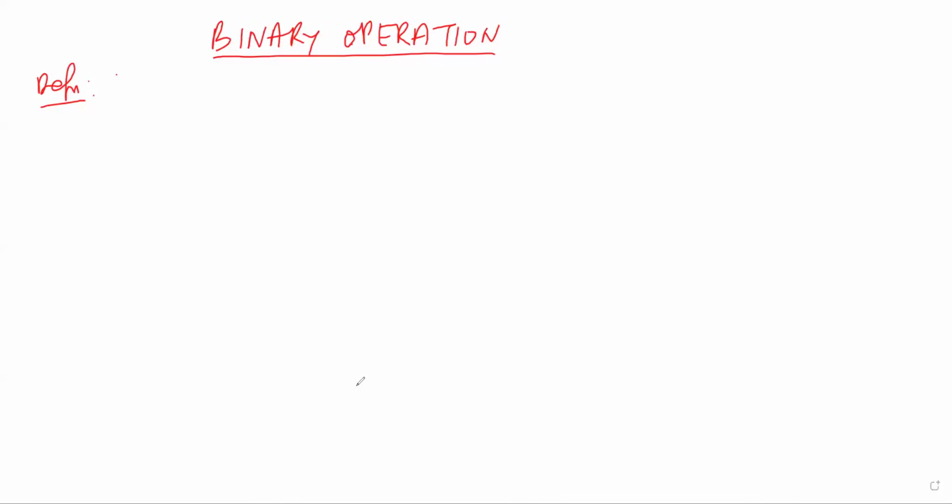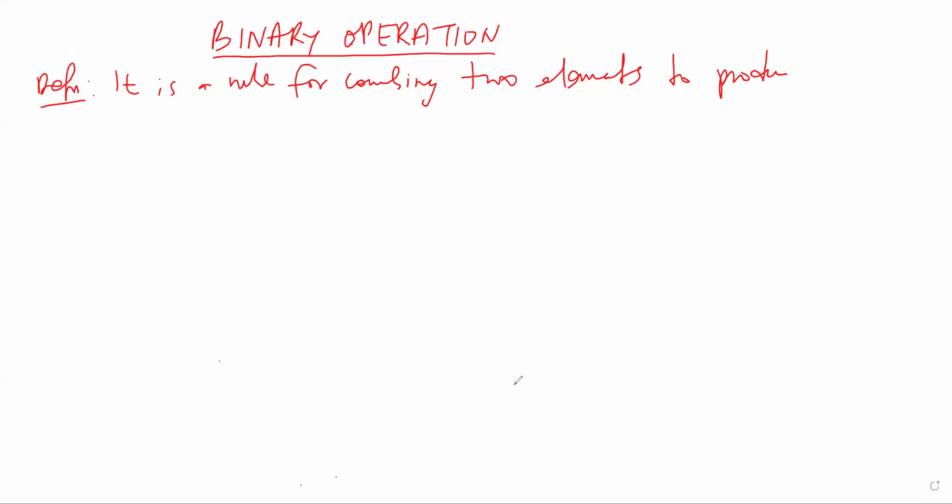All right, so we go on. We're going to talk about a binary operation, and by definition, a binary operation is a rule for combining two elements to produce another element.